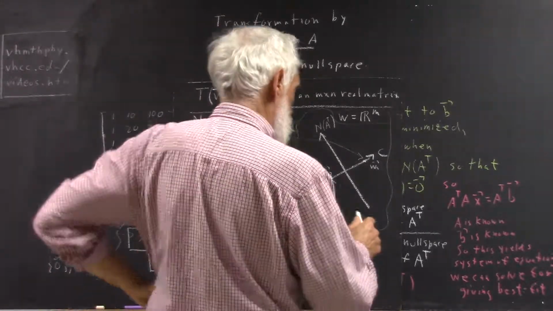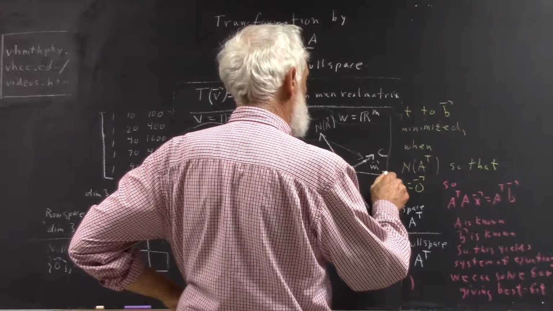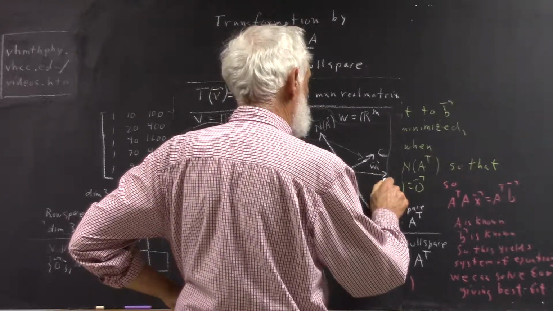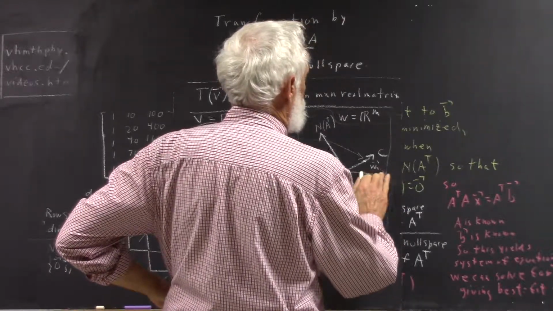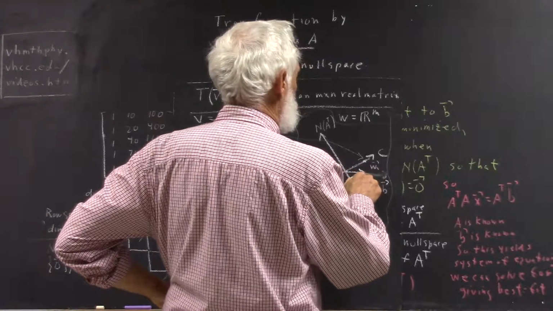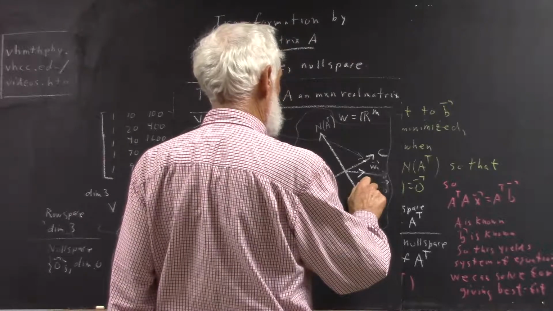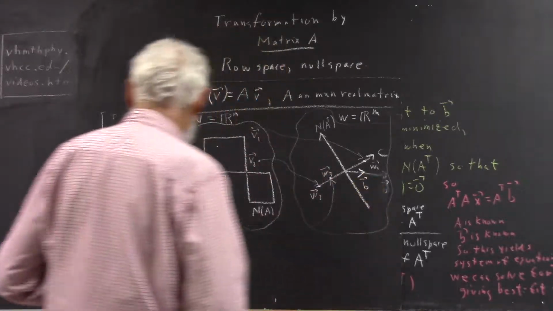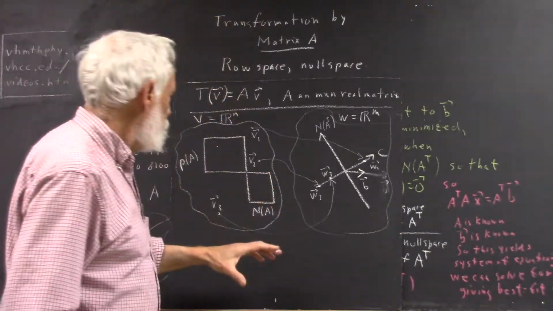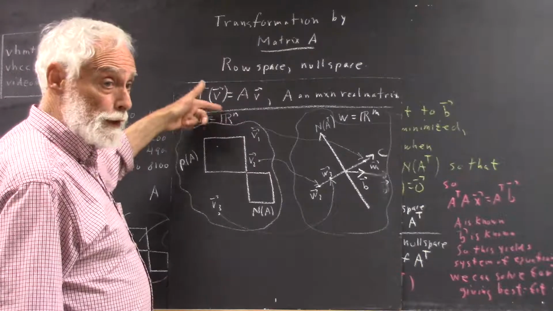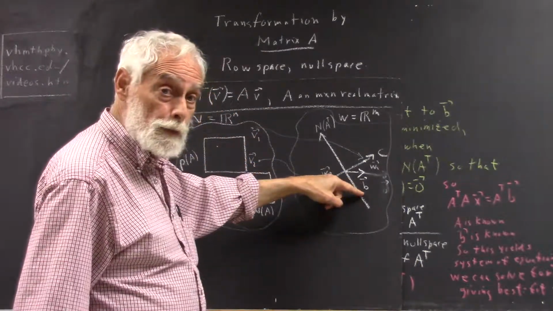I'm not going to belabor that idea, but let's just say that B is here. I want B to be a little bit shorter. So there's my vector B. That's a target vector, and what I want to do is find a vector in Rn that comes as close as possible to the vector B.